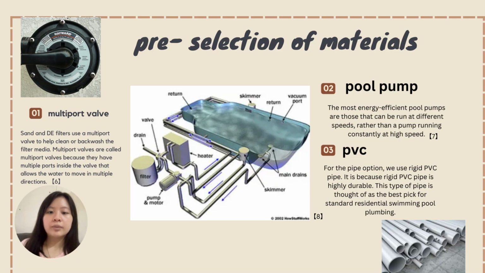And the pipe we use here is PVC because it is very standard for residential swimming pool plumbing. It's the best pick for that, and PVC pipe is also highly durable.